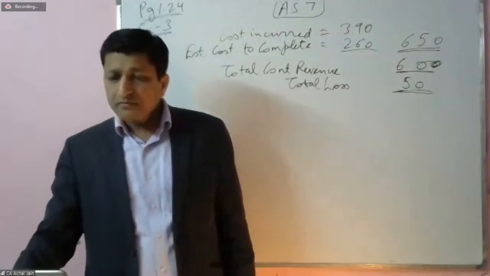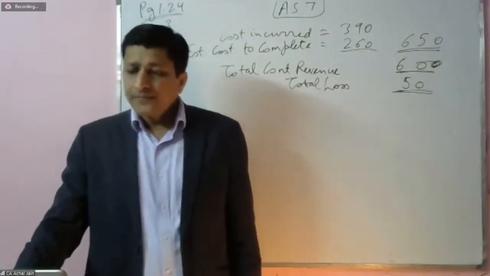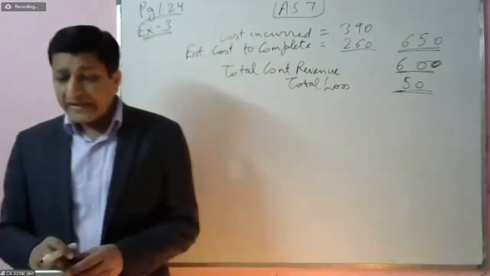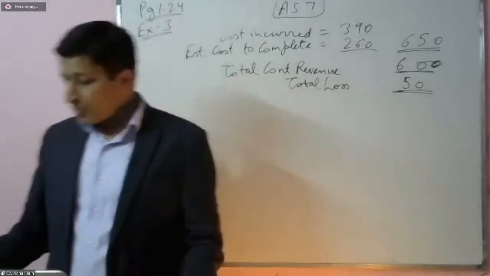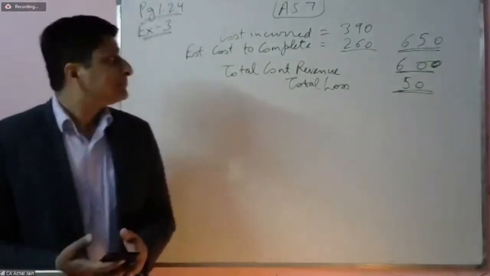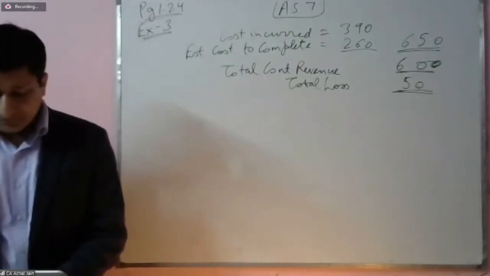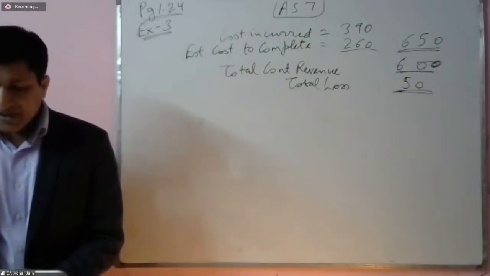In the question, we don't have the cost which has been incurred as a percentage of the total cost. So this we need to compute. Yes, let's compute this cost. So we get a percentage of 60.